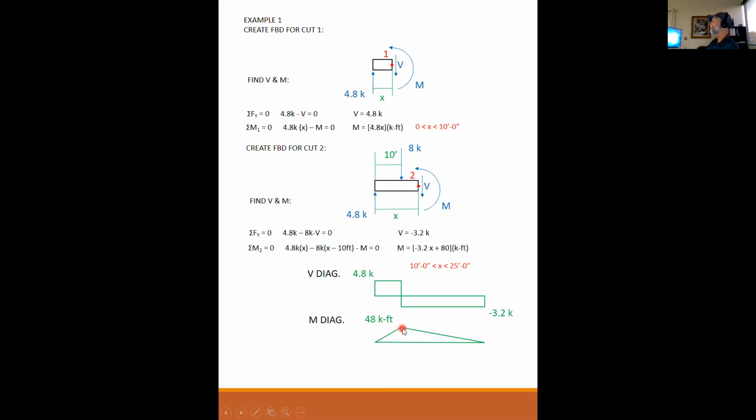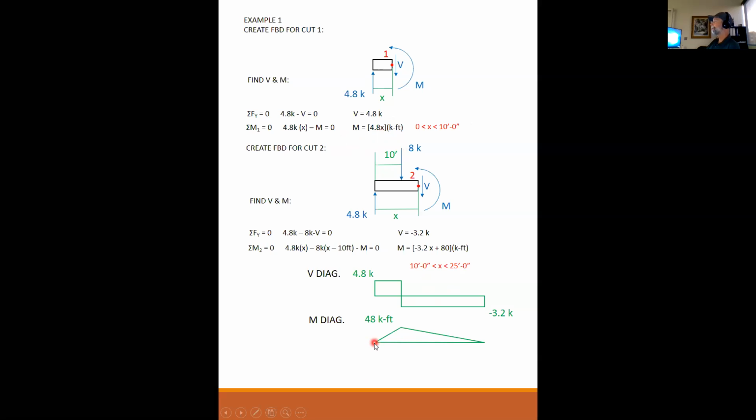Between 0 and 10 feet, the moment diagram is 4.8x. Now 4.8x is the definition of a line. That's a linear equation. So if you think about it as y equals mx plus b, b is equal to 0. So when x is equal to 0, the moment is equal to 0.